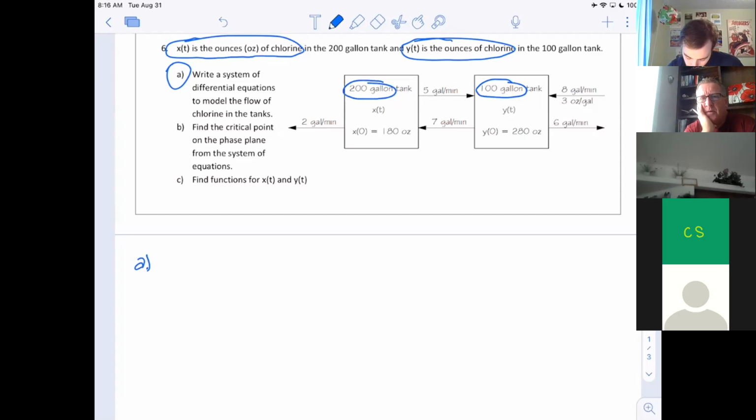You may notice there's a lot more chlorine and a lot less liquid in the Y tank, which means a high concentration. Whereas the other tank only has 180 ounces, but it's 200 gallons, so it's more water and less chlorine. That's a low concentration. But of course, when you turn the pumps on, who knows what's going to happen.